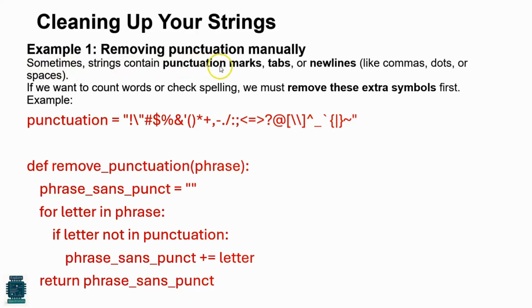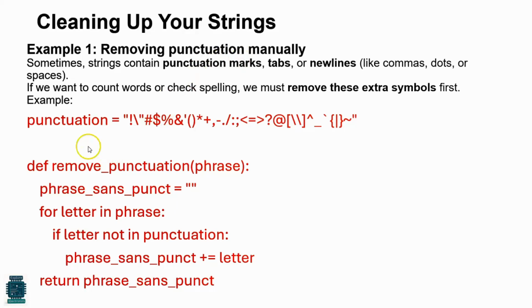Sometimes strings contain punctuation marks, tabs or new lines, like commas, dots or spaces. A phrase contains everything. If you want to count words or check spelling, we must remove these extra symbols first. If we want to ignore these punctuation marks, we have to remove those. For that purpose, we are using remove punctuation.